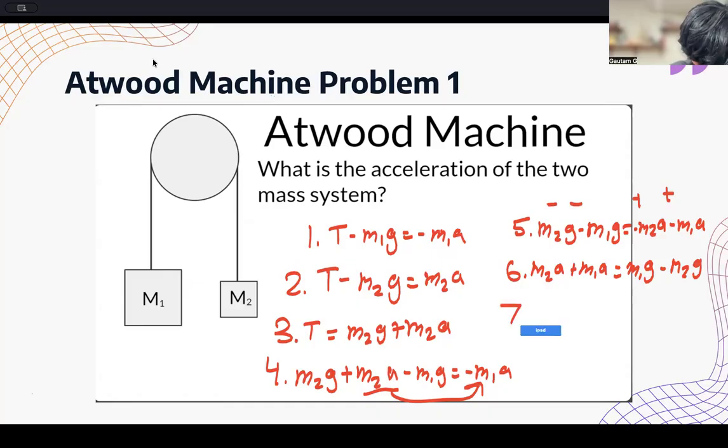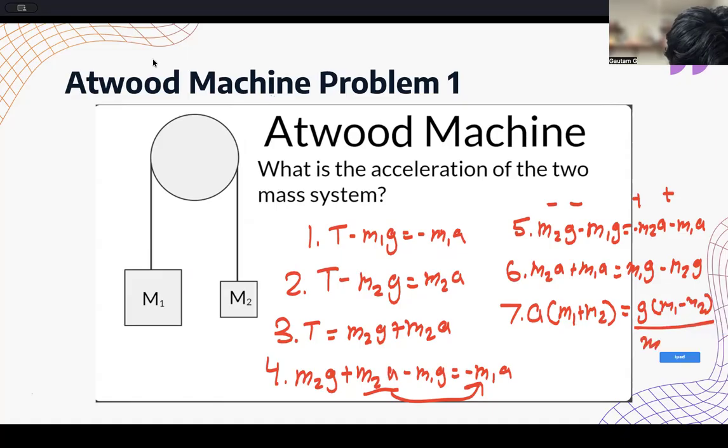Are we following? And now we can just factor out the a. This is what physics is, guys. Just learning how to guess and check and make sure you're not doing anything wrong, right? And then you just have g times m1 minus m2 over. Is this what you got, Evan? Yeah, I think this is what Evan got.